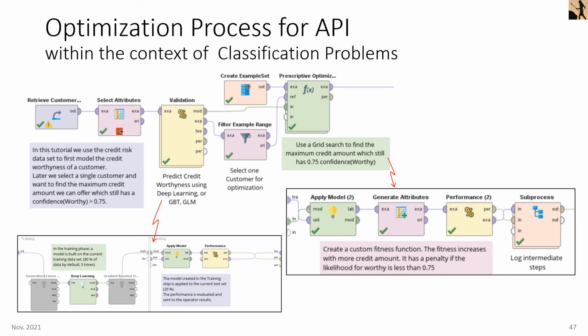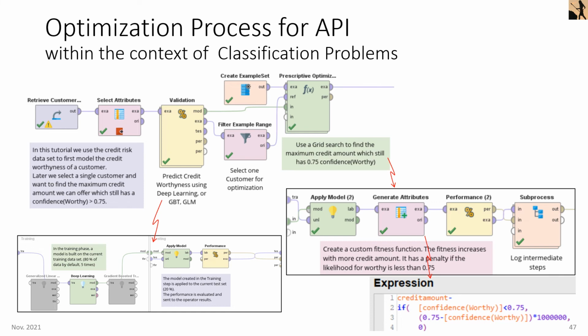And we know the fact that if we can drive the system down to slightly above 75%, typically the credit amount will be higher, and then the duration will be longer, right? But once the confidence level is below 75, it is totally unacceptable by the bank, so we cannot go there. So the logic we have in this general attribute will be a little bit tricky, but you can understand that.